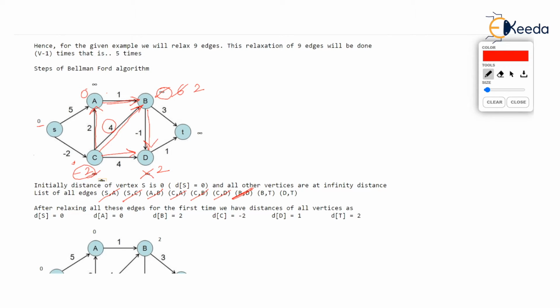This 2, distance of B plus cost, that is minus 1, which is 1. And D is right now at distance of 2. So it gets updated to 1. And then we will work out with B comma T. Now B comma T, this edge will be relaxed using the rule 2 plus 3. This 2 plus 3, which is 5.